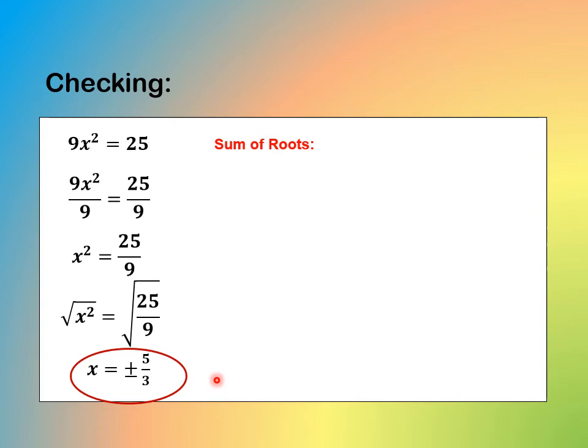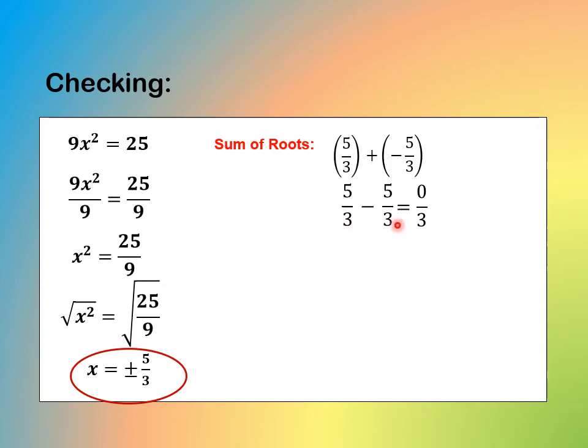So, let's check for the sum of roots. For the sum of roots, we have positive 5 thirds plus negative 5 thirds. If we go back to adding signed numbers, in adding different signs, positive plus negative, we need to subtract. So, it becomes 5 thirds minus 5 thirds.